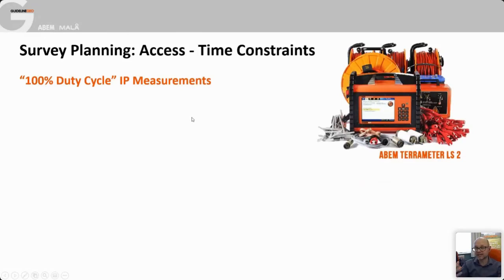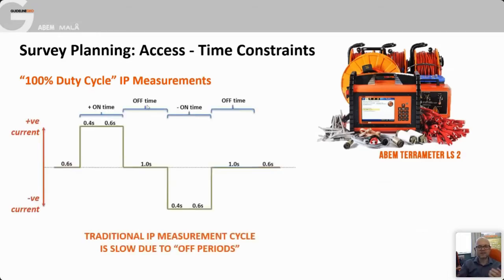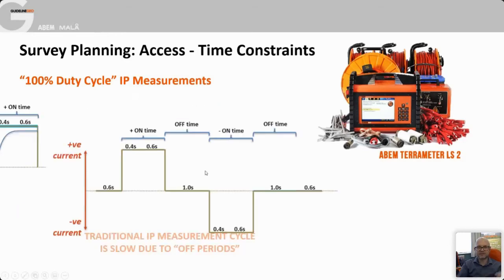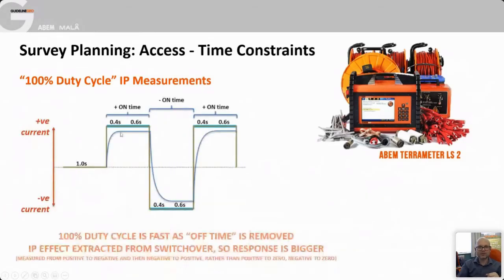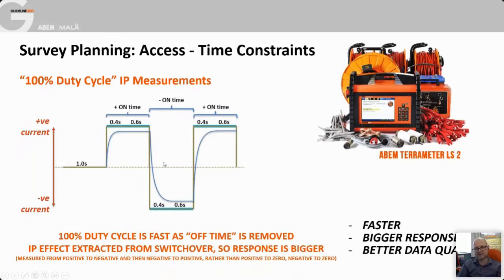Well, fortunately, the Terrameter allows us to use what we call a 100% duty cycle. It's unique in the IP world. And what it's doing is instead of that traditional waveform for the IP, we discard that and we use a more traditional resistivity method where the current is on in the positive direction, then immediately switches to negative, then immediately switches back to positive.